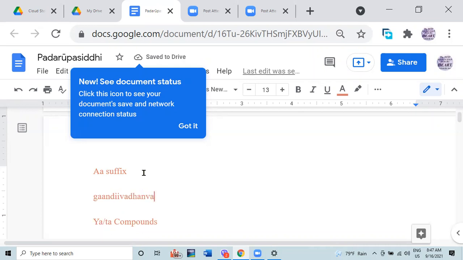So in this example, Gandiwa Danoa, you see Gandiwa, G, A with a long bar, and dot, and D dot, E long bar, wa, and Danoa here with a long bar.